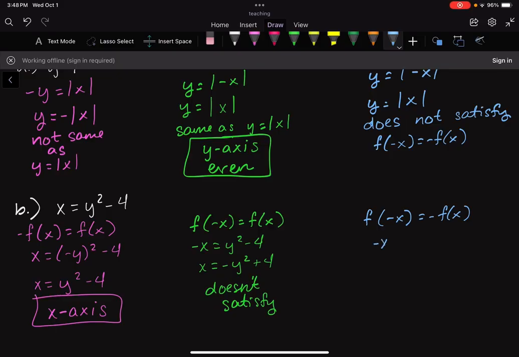So I have negative x equals y squared minus 4. Be careful here because you have the y squared in your function. So you would want to get your y by itself to really see this property happen. So you do have to be a little careful here.